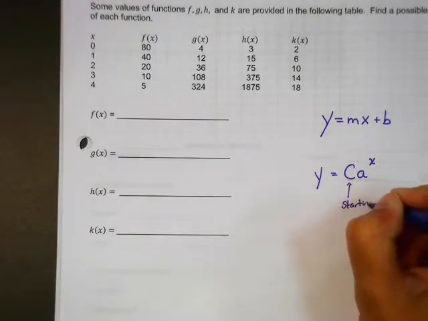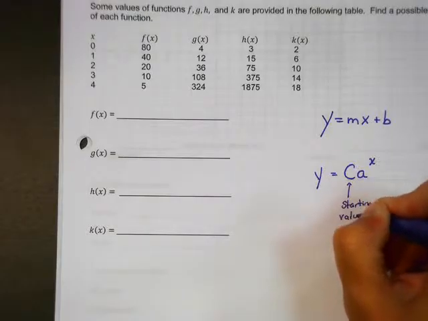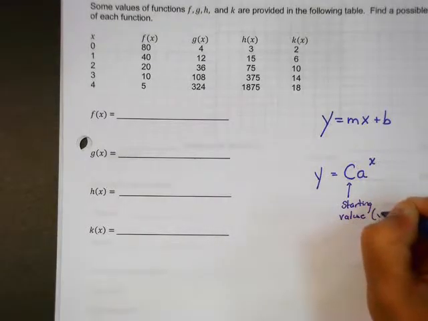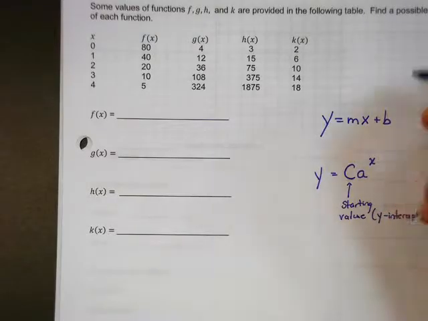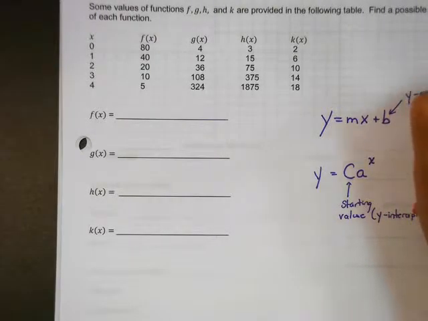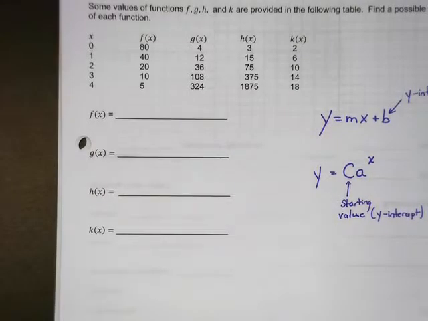Your starting value is really your y-intercept. And b is the y-intercept, right? They're both considered the starting value. Both y-intercepts.